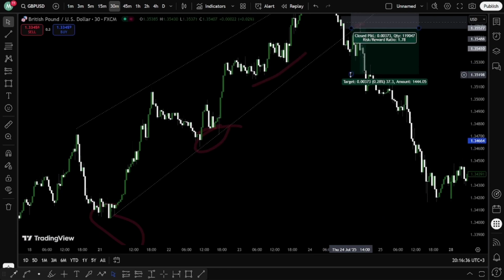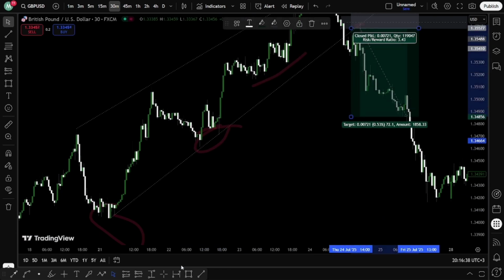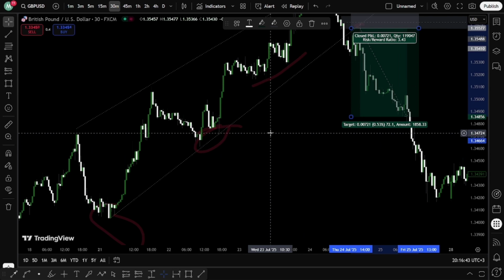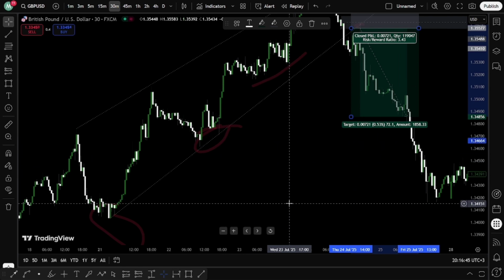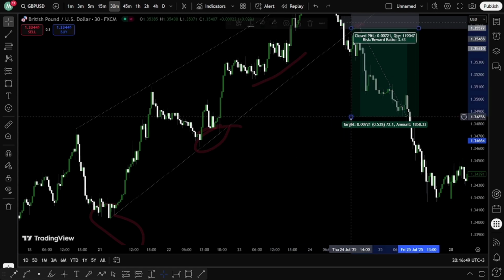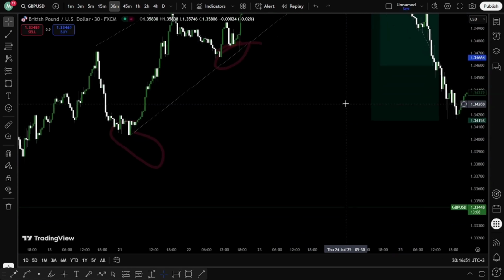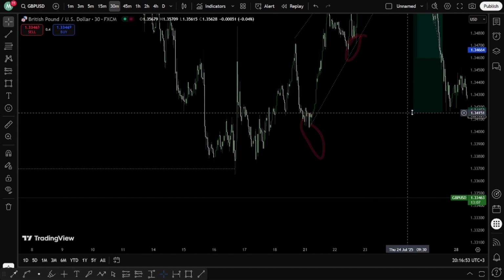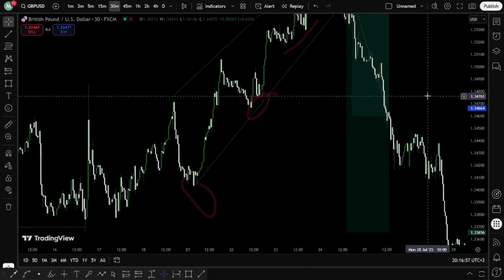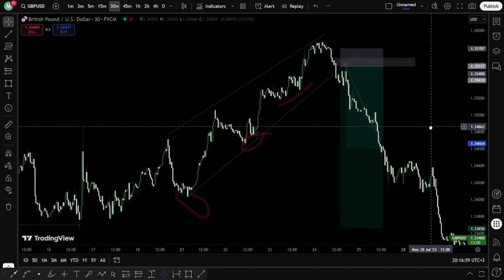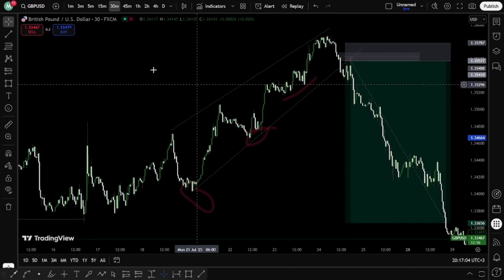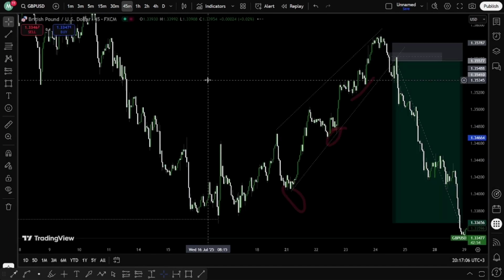Then your TP1 could be around here, then our TP2 around here, then our final TP would be around here. That is our final TP. And as you can see, the market hit our final TP. Our final TP was smashed, guys.